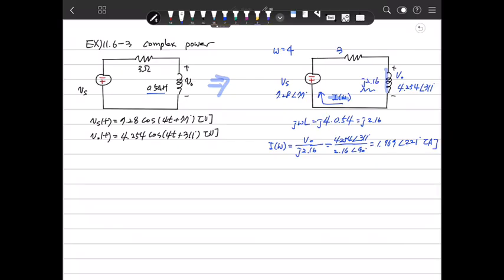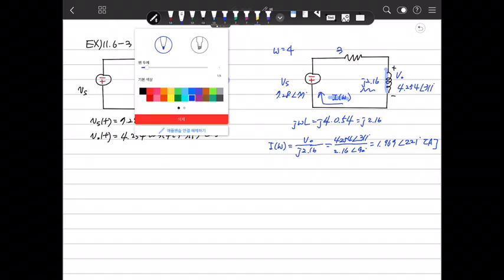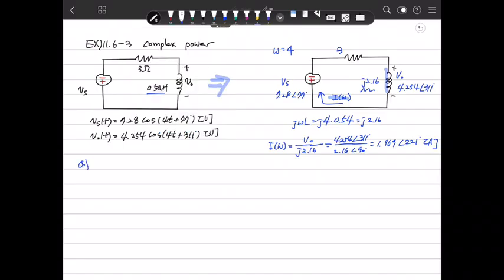So at first we can calculate the average power supplied by the voltage source. To do that, we need to calculate S of the source, which will be half VI conjugate.